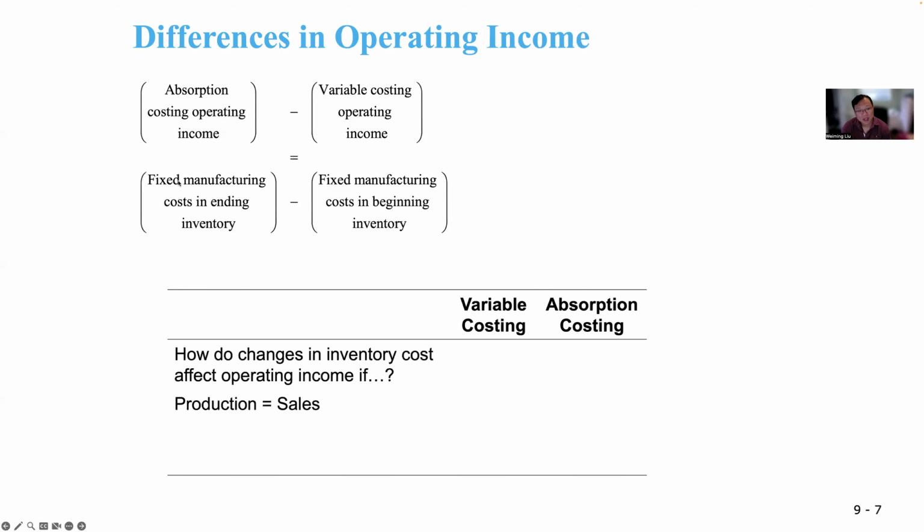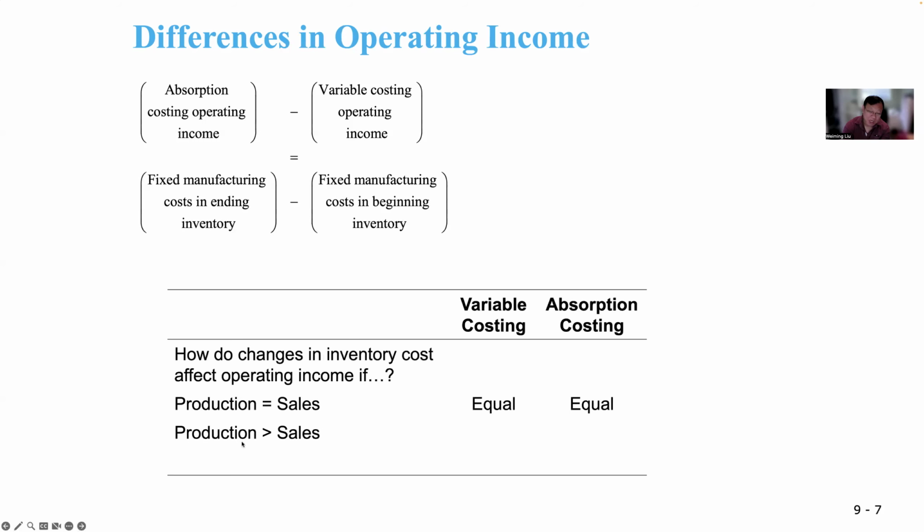So basically, your fixed manufacturing cost in the ending inventory would be the same as the fixed manufacturing cost in the beginning inventory, right? So in that case, you can see these two are equal, and then these two incomes must be equal. So in that case, if production equals sales, your operating income numbers should be the same under both costing methods.